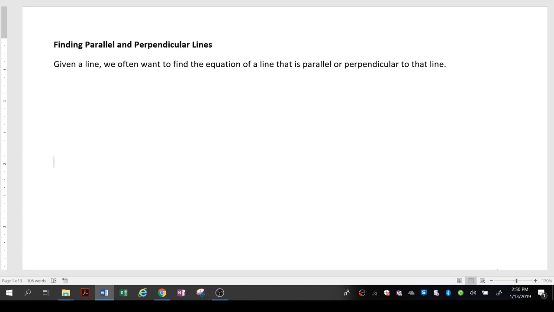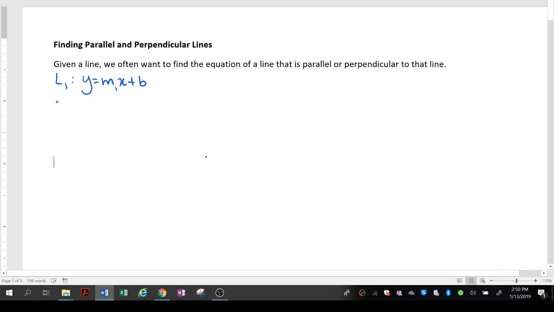If we have a line, I'm going to call it L1, that is equal to y equals m1x plus b1, and let's suppose we have a second line here, L2, that's equal to y equals m2x plus b2.